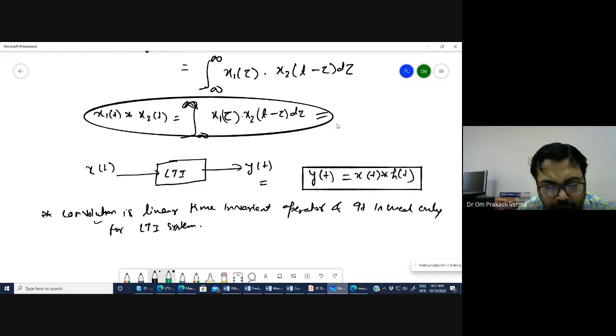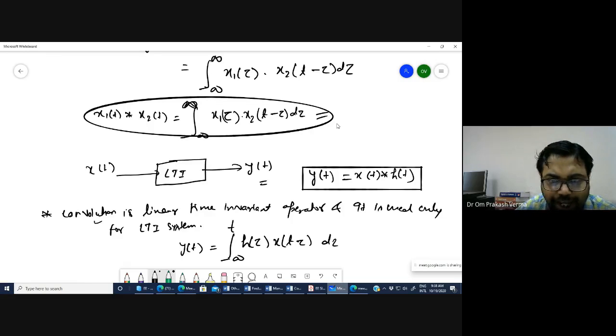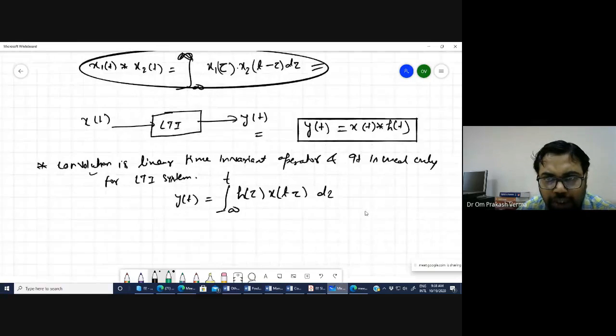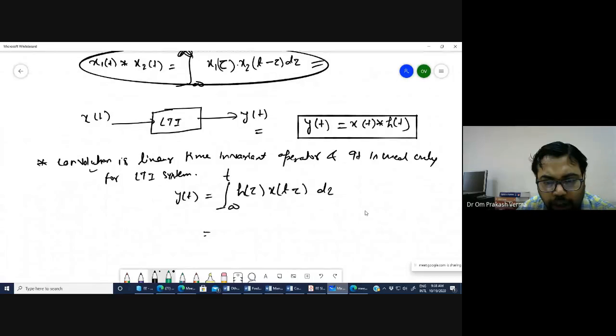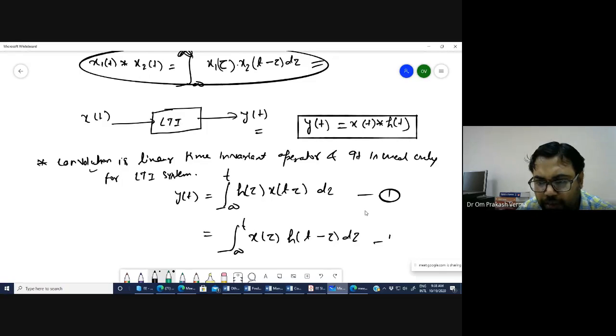So how is it used? Again, I have told you y(t) is equal to the integral from minus infinity to infinity of h(tau) x(t minus tau) d tau, or you can write x(tau) h(t minus tau) d tau. Both are the same thing. Equation number 1 and equation number 2 both are the same.